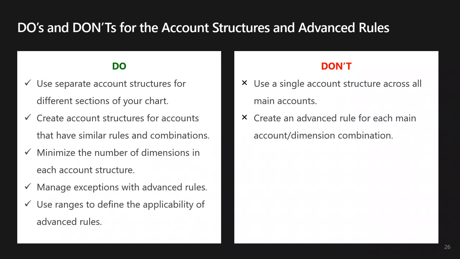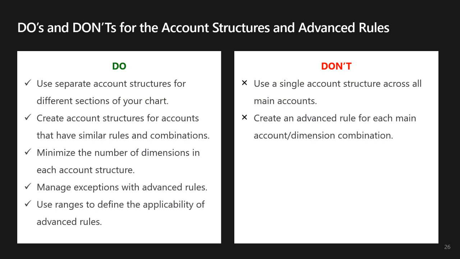When you start to make lots of account structures and lots of advanced rules, you will start to see performance degradation. So the more you can simplify it, the easier it is to configure, it's going to be easier for your users to understand and the usability will be improved.